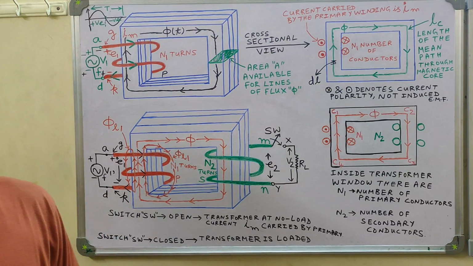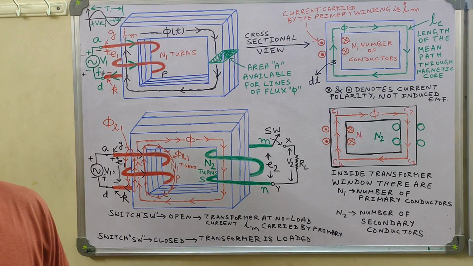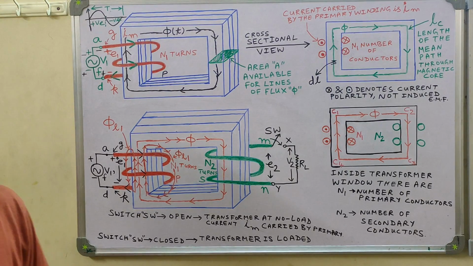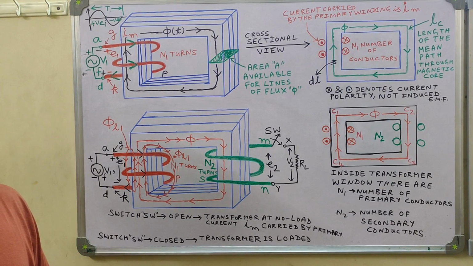The primary winding is that winding which is going to be connected to a source of alternating voltage or a sinusoidal voltage source. So we will use this word sinusoidal voltage source or the alternating voltage source in an interchangeable way.